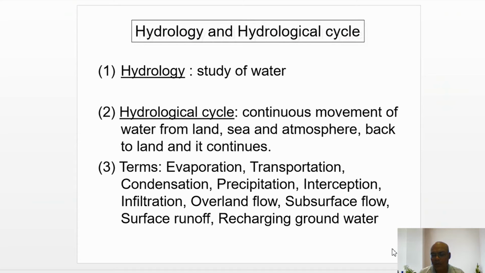Of course, this water is again evaporated back to the atmosphere later, but this loss is called interception loss, because when the rainfall happens, some water is lost before reaching the land due to the trees, because they store this water and eventually it evaporates.